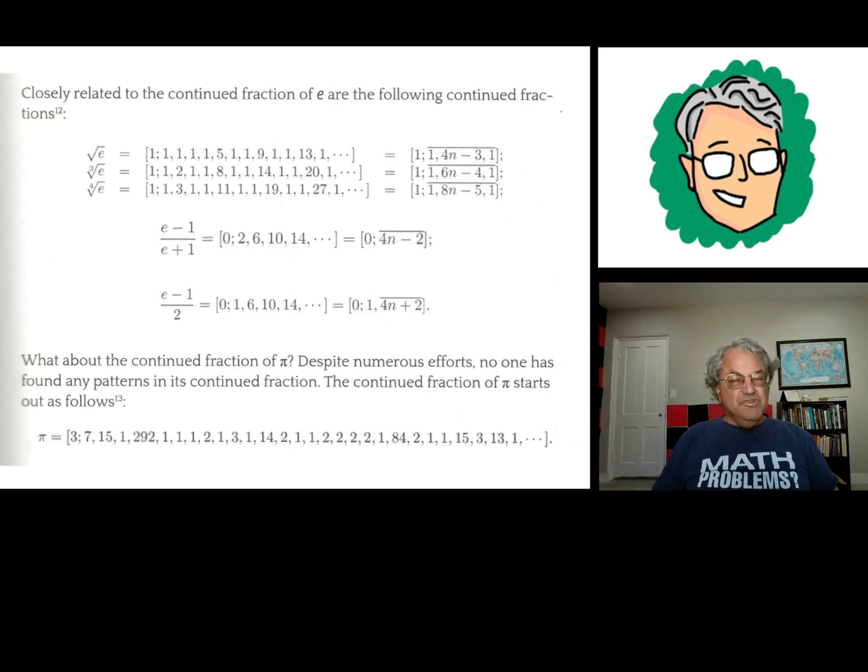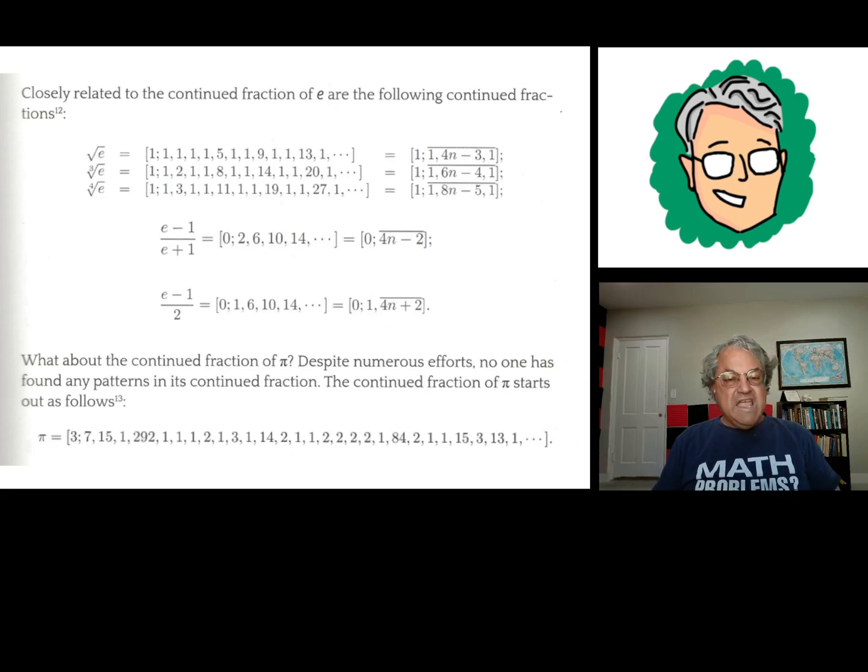I've seen some other pretty exotic irrational numbers that have similar kinds of patterns. As a matter of fact, I think you can derive formulas for the continued fraction that starts out as 1 semicolon 2, 3, 4, 5, 6, 7, 8, where each one increases by 1. This one you can actually calculate in terms of modified Bessel functions. I'm not going to even try to explain what those are, but you can calculate numbers like these exactly using special functions. I just thought I'd mention that.